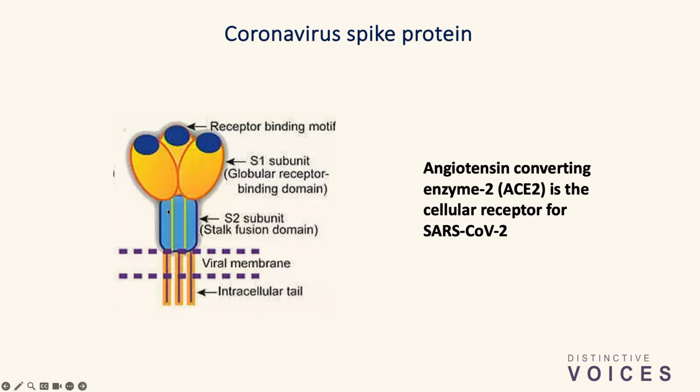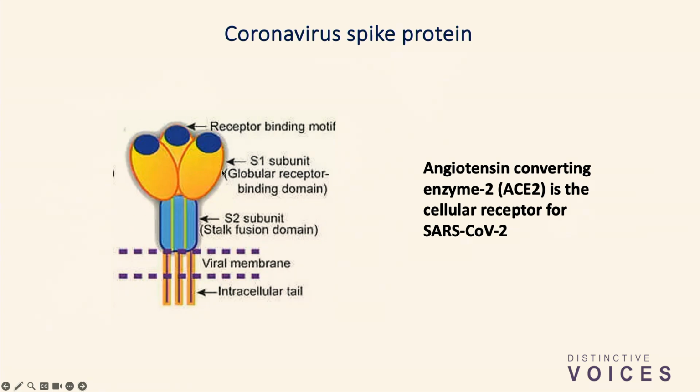This subunit here is called the S2 subunit, and it is responsible for the actual entry of the virus. When the virus enters the cell, the viral membrane, shown here, fuses together with the cell membrane, and the virus gets pushed in. I'll talk about it a little bit more.